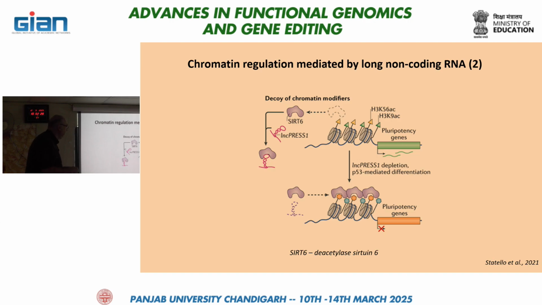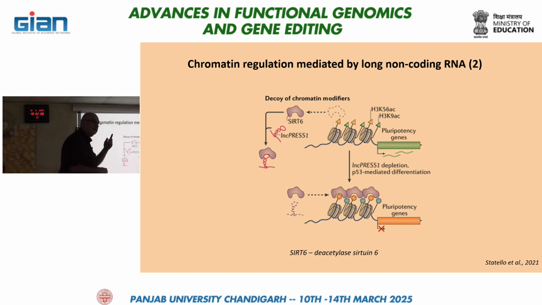And this is actually a very interesting example because it is from stem cells, and all these pluripotency genes in stem cells are under control of this Pres1 long non-coding RNA. So you can now realize how important long non-coding RNAs are.